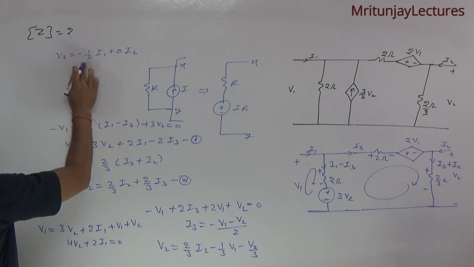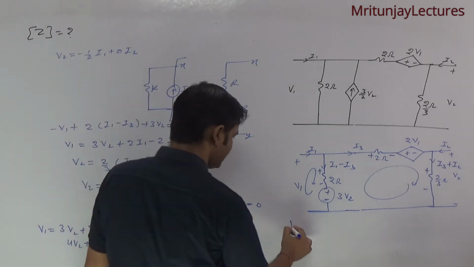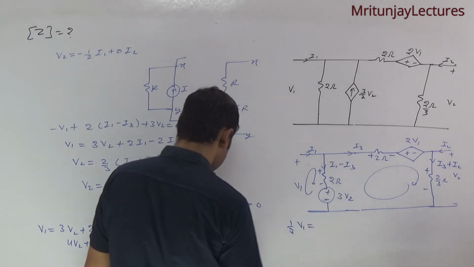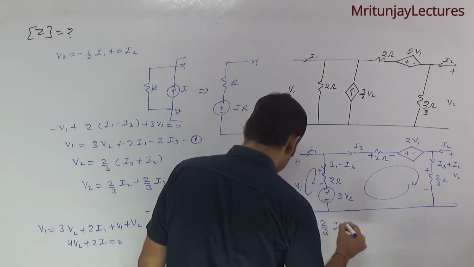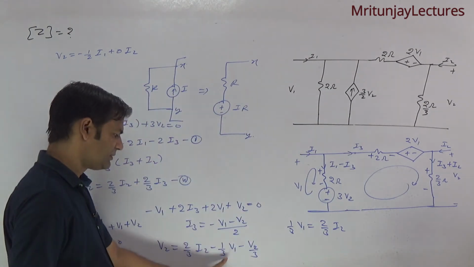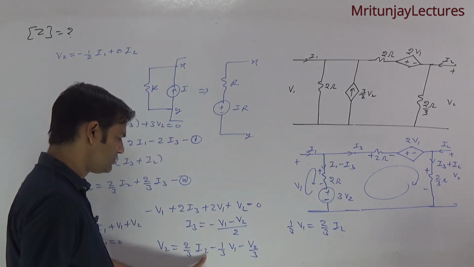I know that V2 equals minus 1 by 2 I1. So 1 by 3 V1 will be equal to 2 by 3 I2.